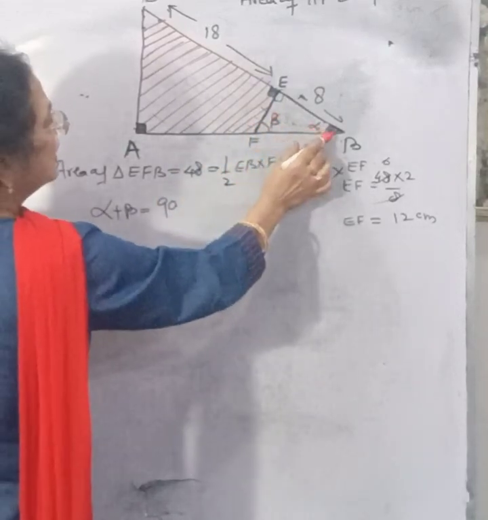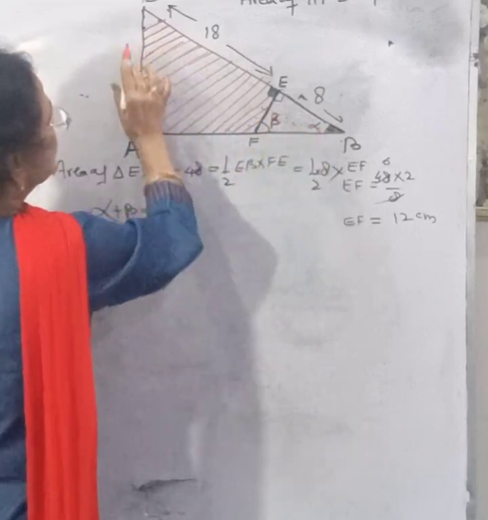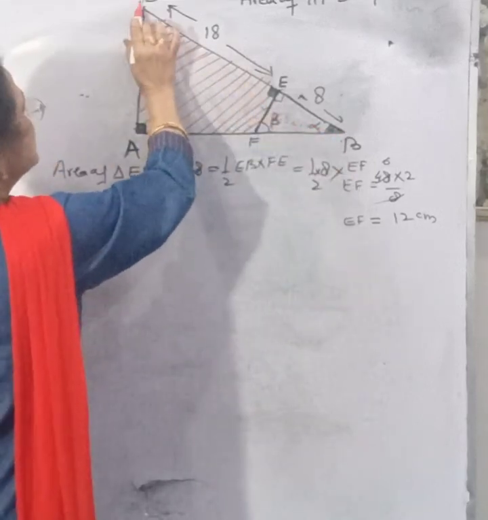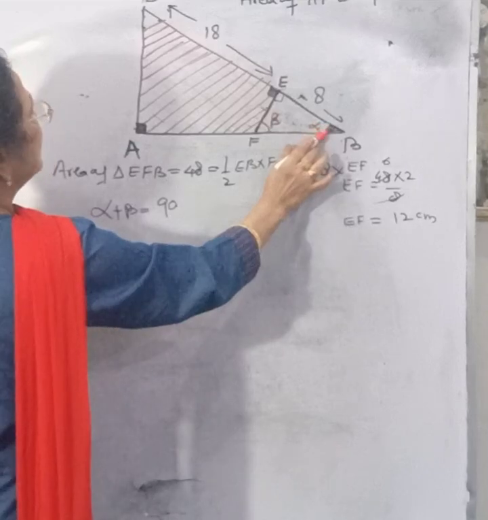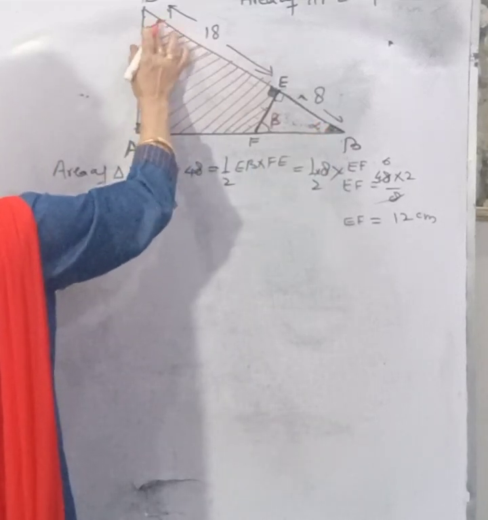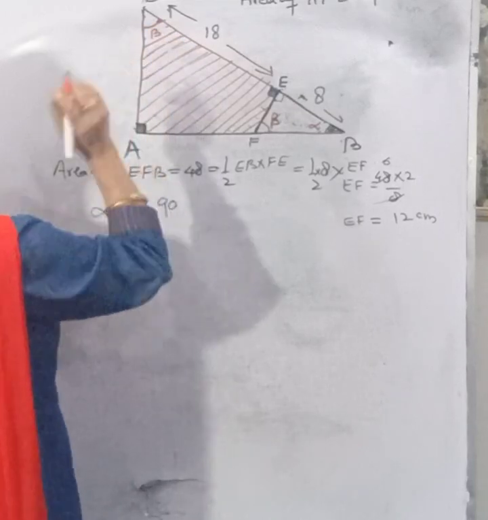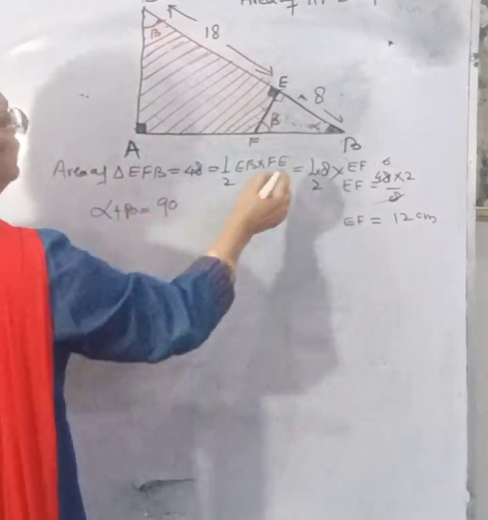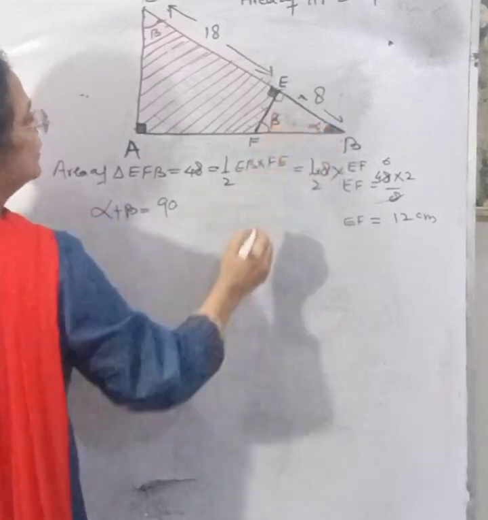Now this is alpha in the smaller triangle, but it is also existing in the bigger triangle, CAE, so that this is alpha, this is 90, this will by virtue automatically become equal to beta. Now we are considering the case of alpha.